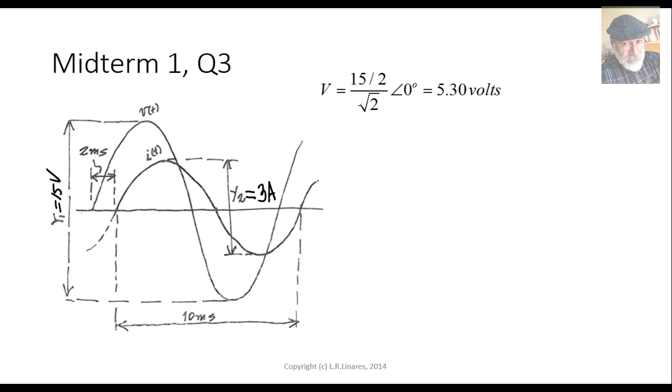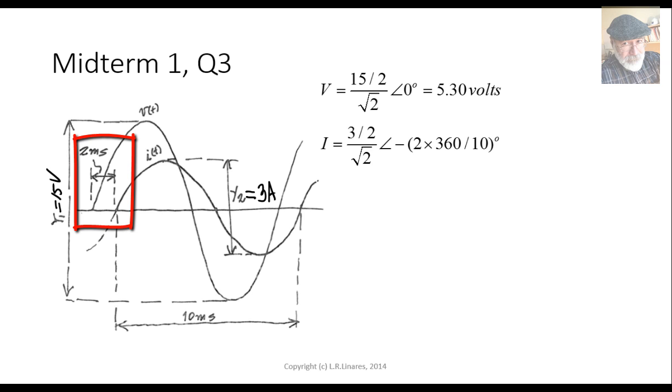What about the current phasor? Well, the current phasor has a peak-to-peak value of 3 amps. Fine. Divide that by 2, divide that by root 2, that is the RMS value. But what is the phase? Well, observe in the curve that the current is lagging behind the voltage by 2 milliseconds. Convert those 2 milliseconds to degrees. How?